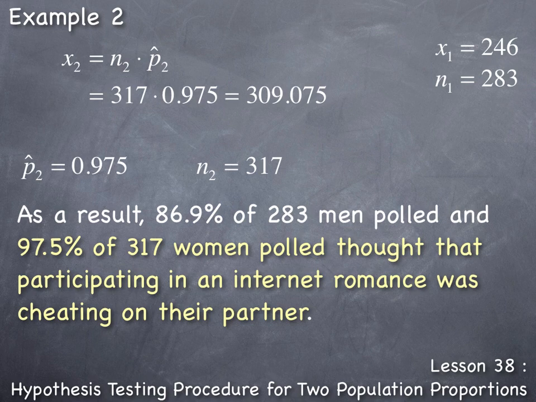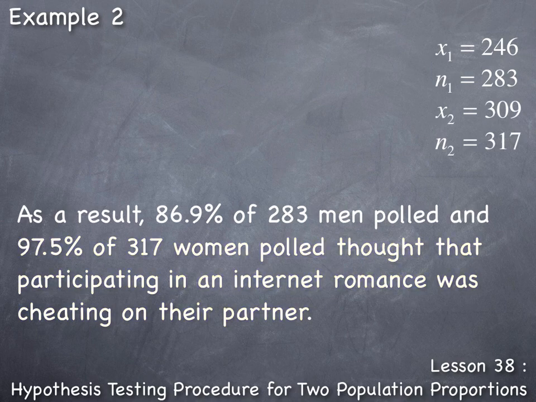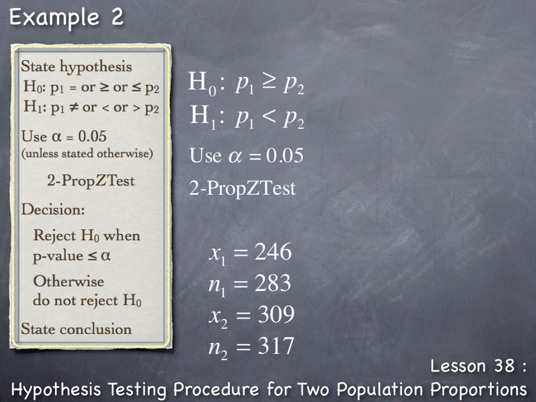Again, the data value x is a count or whole number. So we round off the result here, x2, to 309. So now we have our second sample results. These data values can now be used in the TI-84's 2-PropZTest command to calculate the p-value.